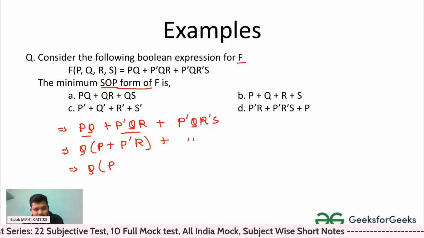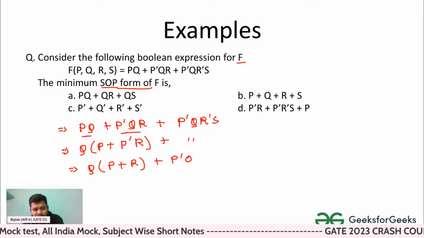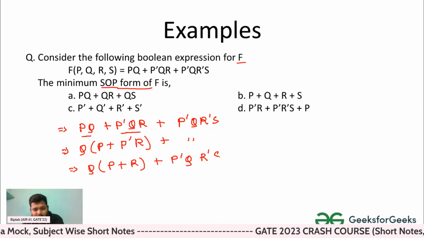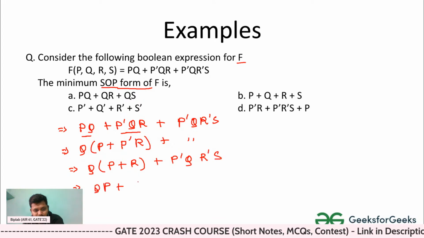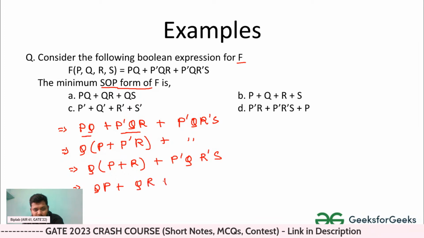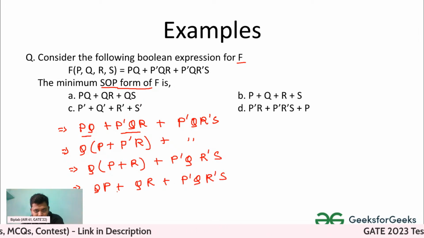So it will be P plus R, plus P bar Q R bar S, which is QP plus QR plus P bar Q R bar S. Now here you can directly cancel.